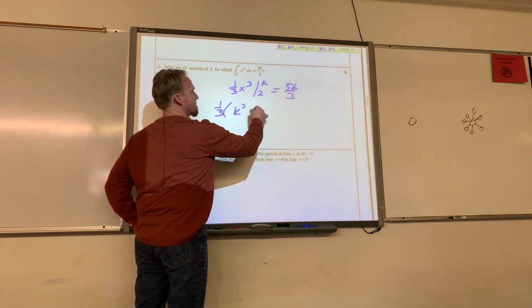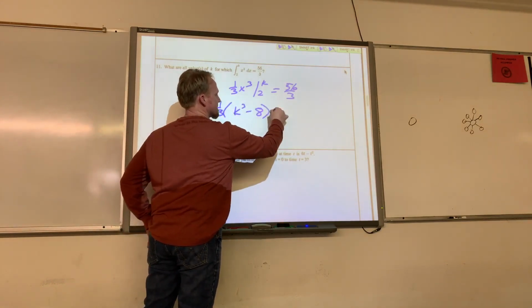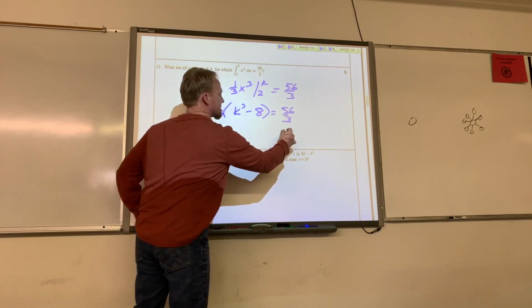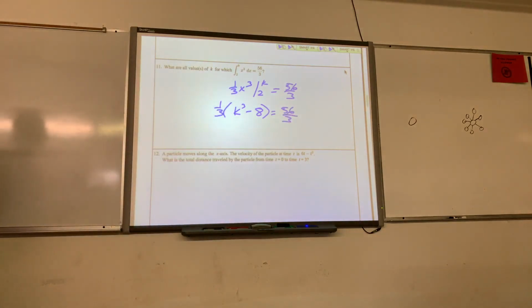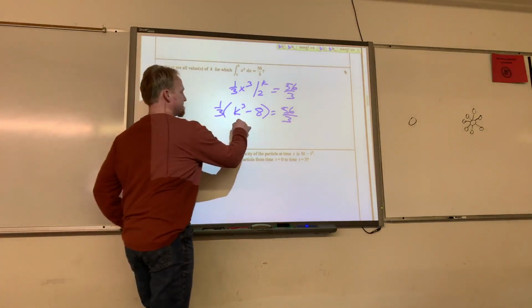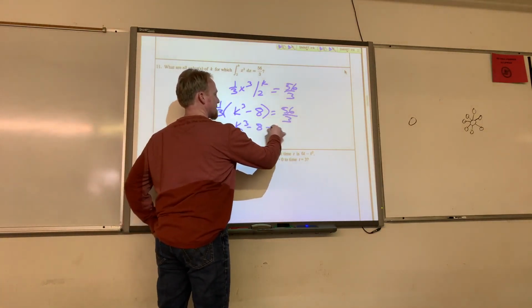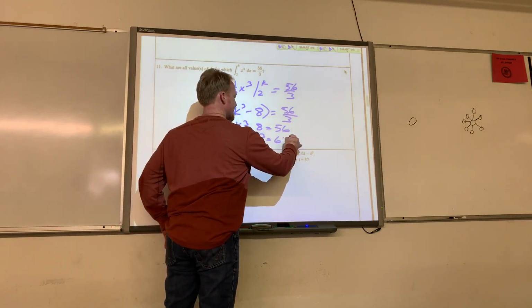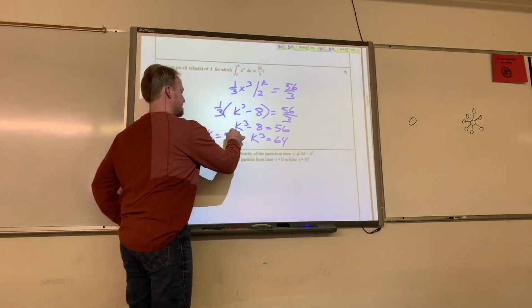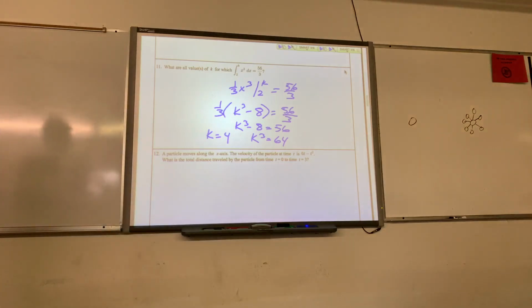I've got k cubed minus 2 cubed, which is 8. I get rid of that 1/3 by multiplying both sides by 3. I add 8. Take the cube root. So k has to be 4. Okay, that's really easy.